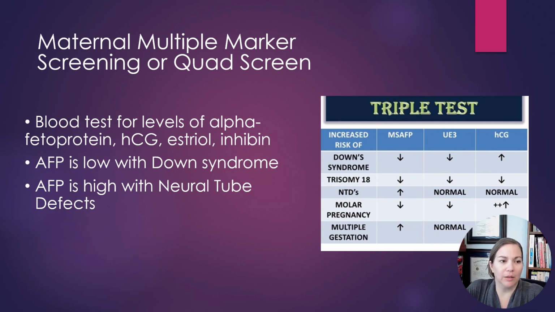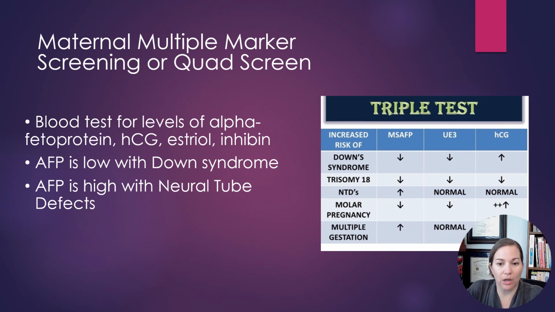But the multiple marker quad screening tests for AFP, HCG, so human chorionic gonadotropin, which is of course the hormone that your body produces during pregnancy, and that's what pregnancy tests detect, like the urine pee on a stick test. Estriol and inhibin, which can tell us several things.